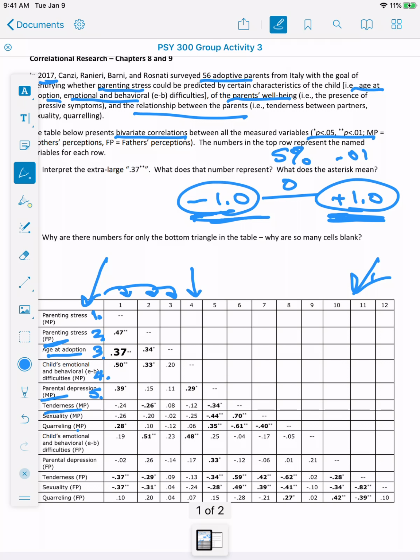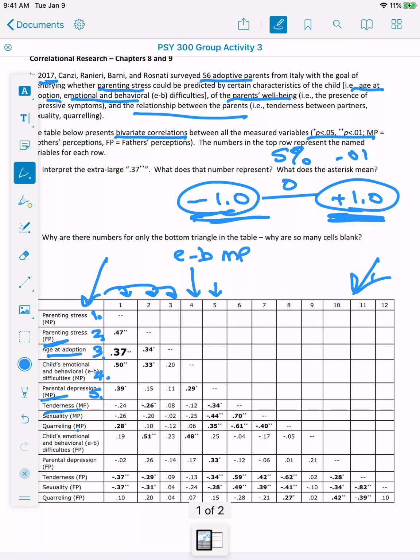So this fourth column represents the EB, or behavioral difficulties of the child, as measured by the mom's self-report, whereas column 5 is the parental depression as measured by mom.